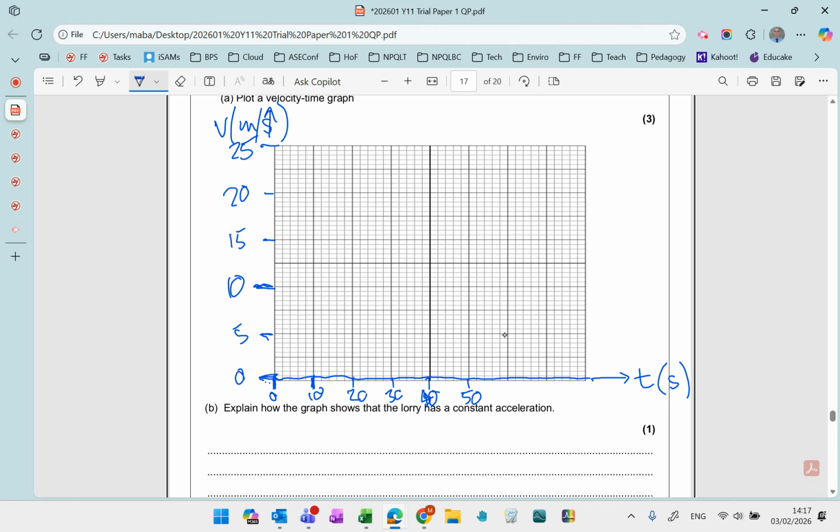So now we've got 10. The point is at 10, 8. And now I've got to remember each of these 2 small squares is worth 1, so that's where 8 is going to be. You've got to be correct to the nearest half a small square when you're plotting these, so you do have to be careful, and you do have to think carefully about what scale you've gone with.